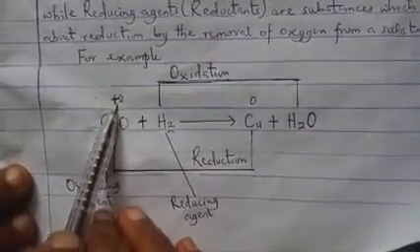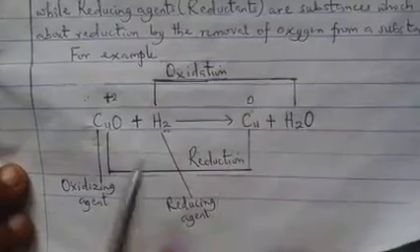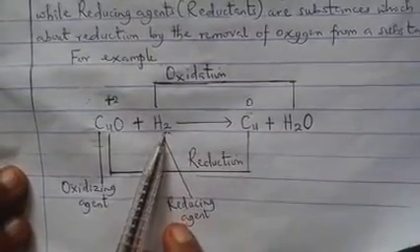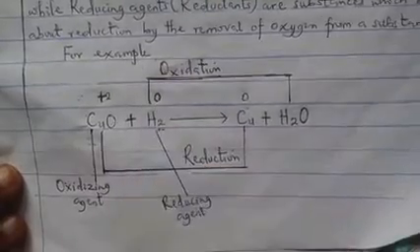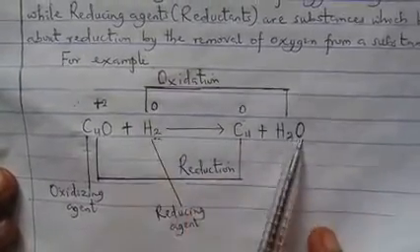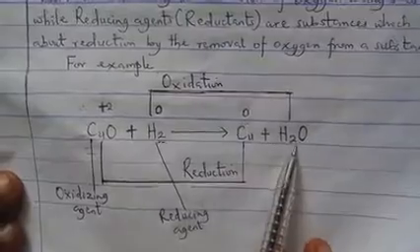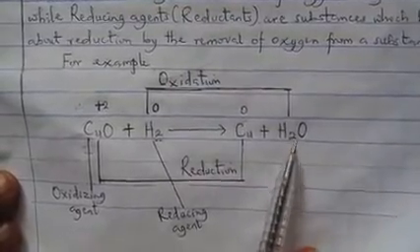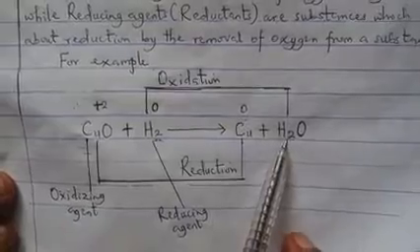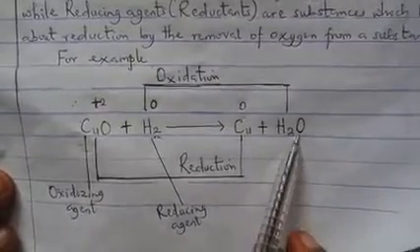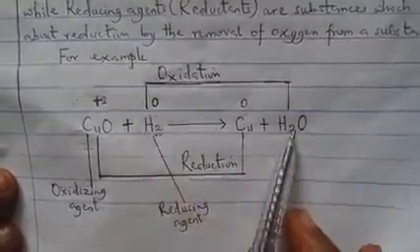That means from +2 to 0. When you look at hydrogen, we assign oxidation number of 0. Then when you look at water, the oxidation number of hydrogen will be 1. That means from 0 to +1.